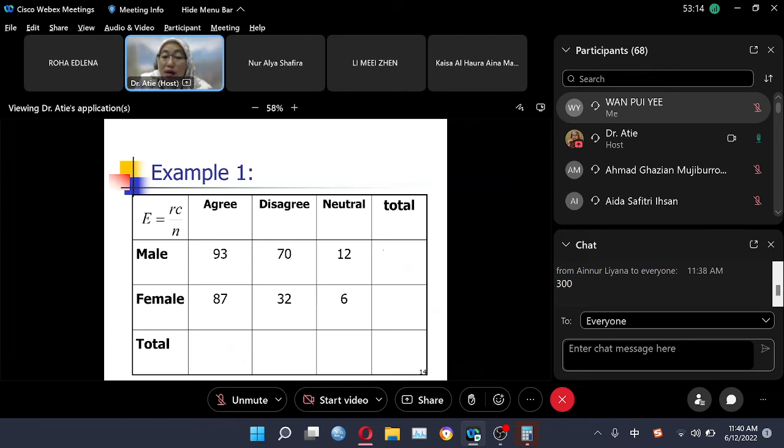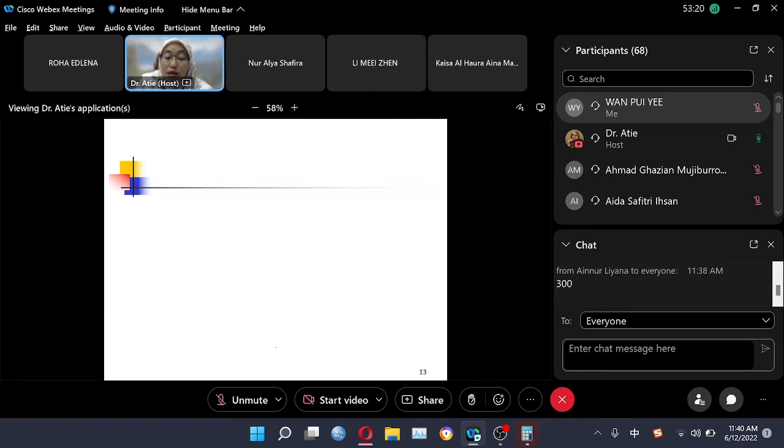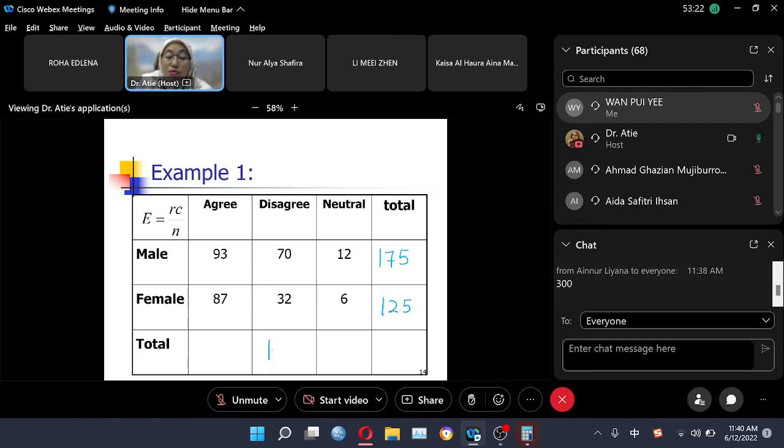We have 175, 125, and then 102, 180, and 18. The total is 300. Now we want to calculate. Please use the same original table to write all this information.